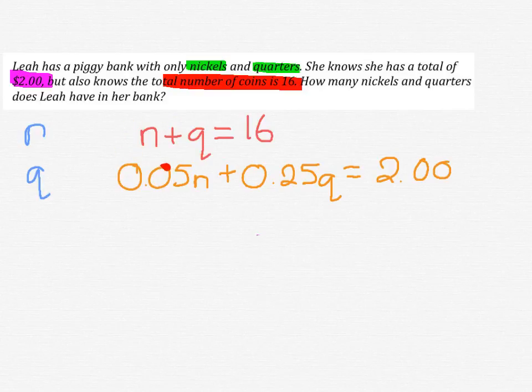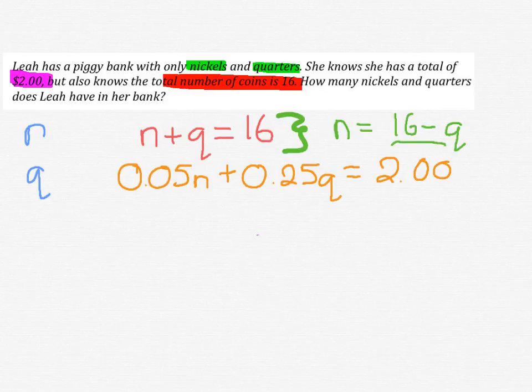You take this Q and you subtract it. So N is equal to 16 minus Q. Here's my N, it's alone, and I know what it's equal to: 16 minus Q.